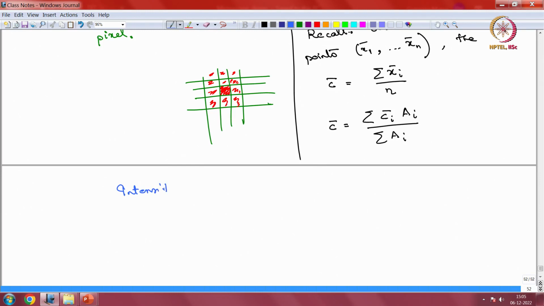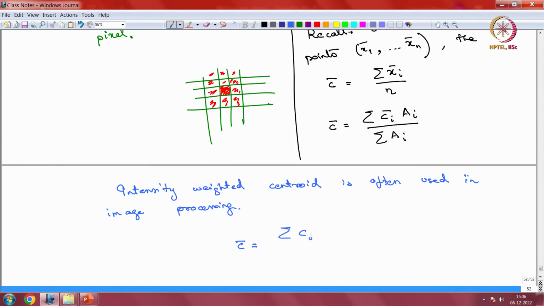So, the intensity weighted centroid is often used in image processing, and then your centroid will simply become summation Ci Ii by summation Ii.